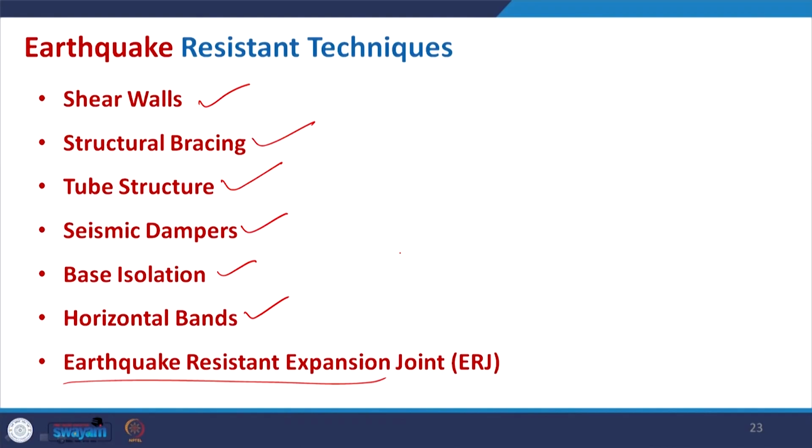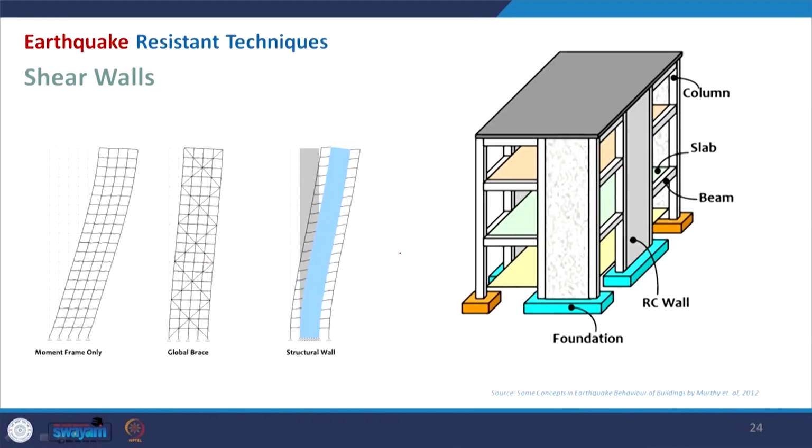In order to give a joint between them, we can use it. This is used for buildings, and it may also be used for bridges to save the bridge during the shaking in an earthquake. So, we will quickly go one by one and try to understand what exactly it is.